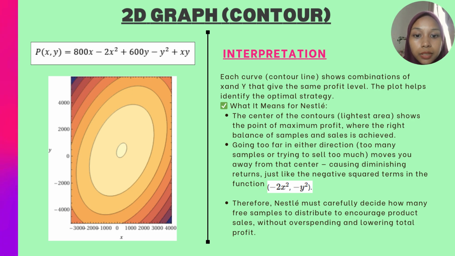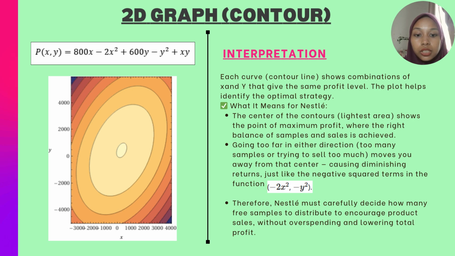So the plot helps to identify the optimal strategy. What it means for Nestle is that the center of the contour, which is the lightest area, shows the point of maximum profit, where the right balance of samples and sales is achieved. Going too far in either direction, giving too many samples or trying to sell too many products, moves you away from that center.